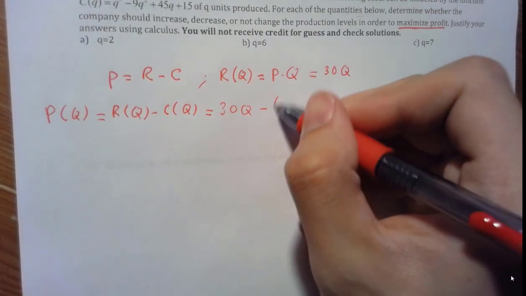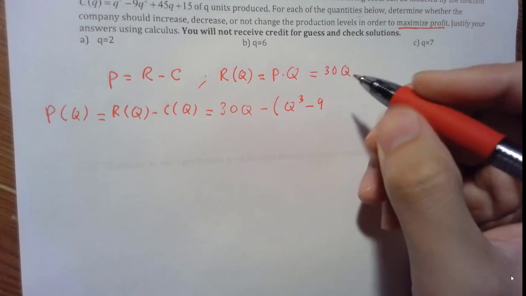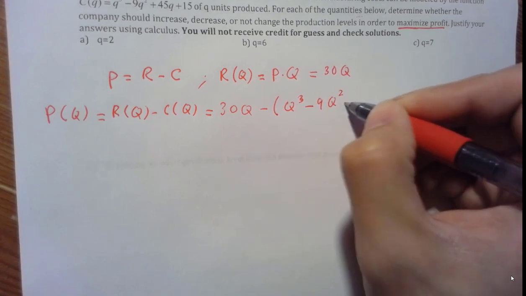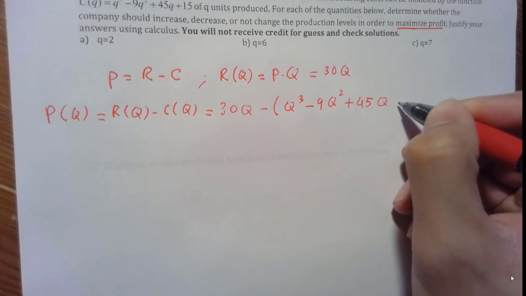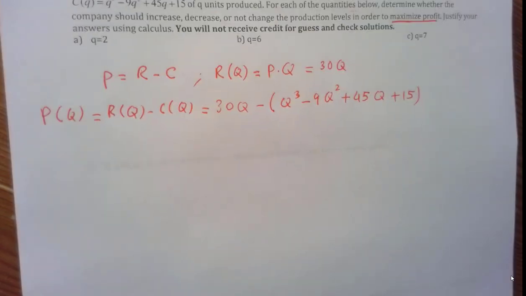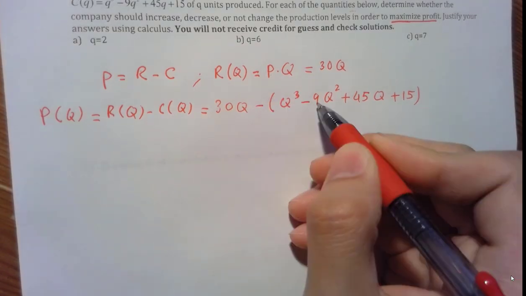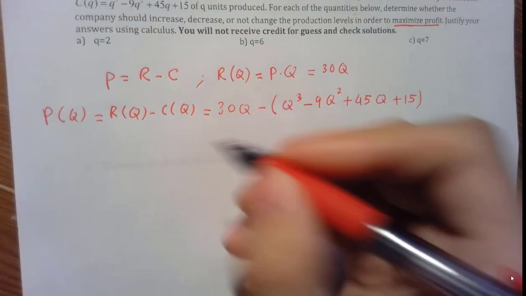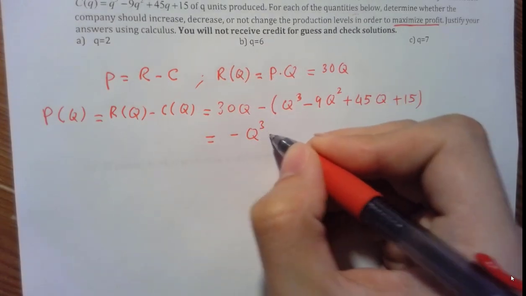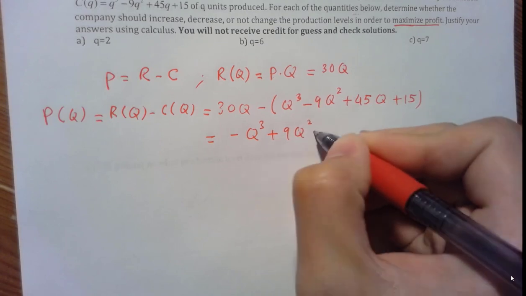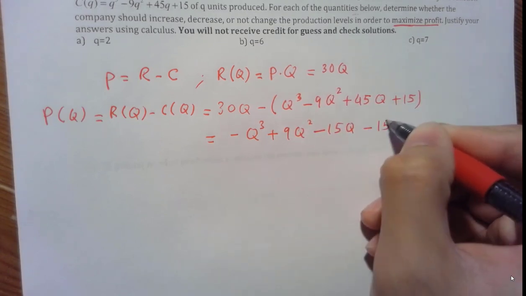That's a long expression: Q cubed minus 9Q squared plus 45Q plus 15. If you distribute the minus sign to each term and simplify, you should get minus Q cubed plus 9Q squared, combining like terms, minus 15Q, and minus 15.